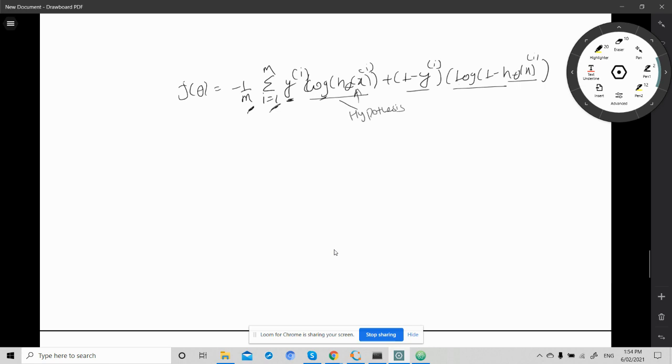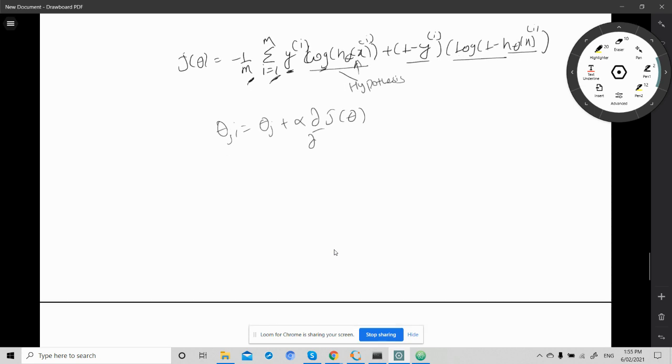We know that our gradient descent equation is theta j equals theta j minus alpha, where alpha is my learning rate, times the derivative of J theta. I will be doing a mathematical derivation to prove the gradient descent equation.